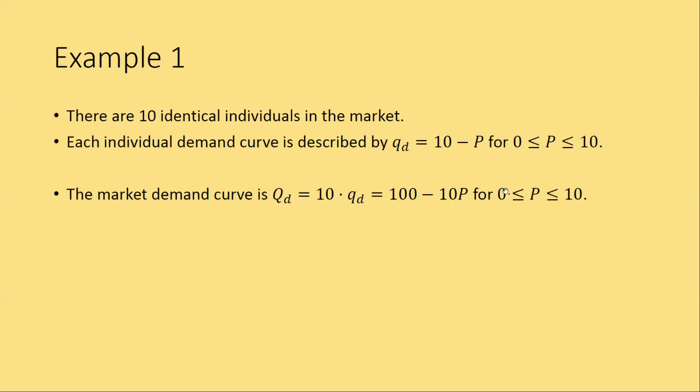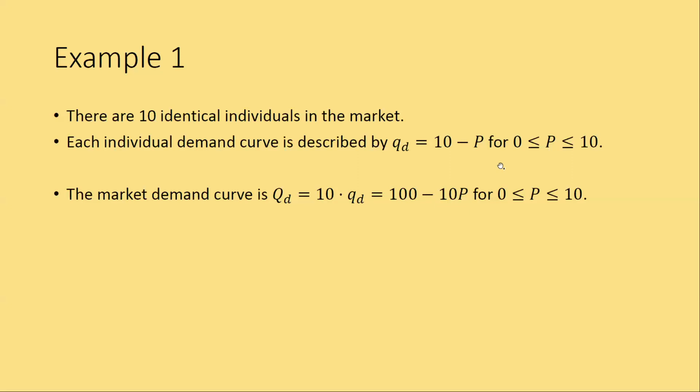So there won't be negative quantities consumed by either the individual or the entire market. So when the individuals are identical, by identical, it is really saying that all the individuals have the same preferences.